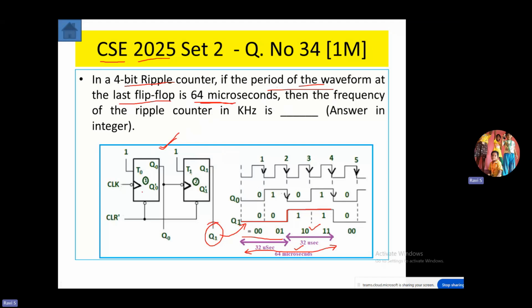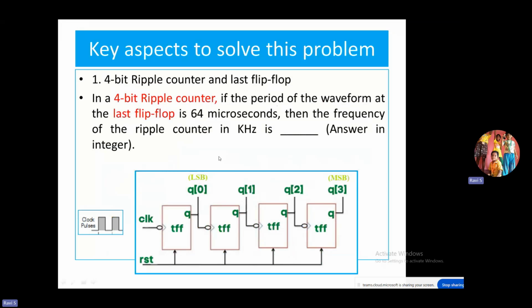They ask you to find out the frequency of the clock signal. So how will you find out the frequency of this clock signal? In order to solve this one, let us try to understand the fundamentals of a ripple counter. Here I have taken a 4-bit ripple counter because in the problem itself it is mentioned that we use a 4-bit ripple counter, which contains 4 flip-flops: flip-flop 1, flip-flop 2, flip-flop 3, and 4.